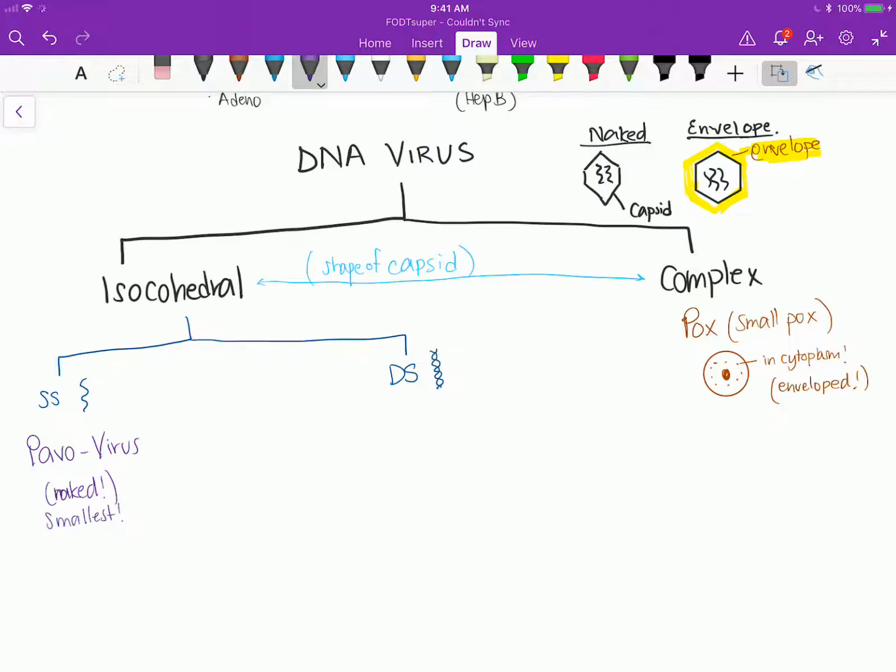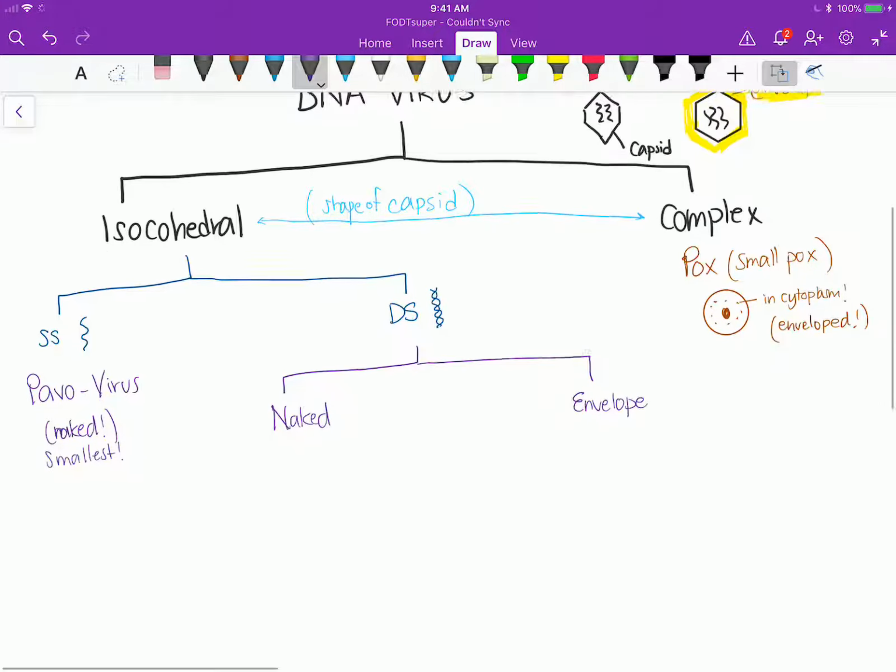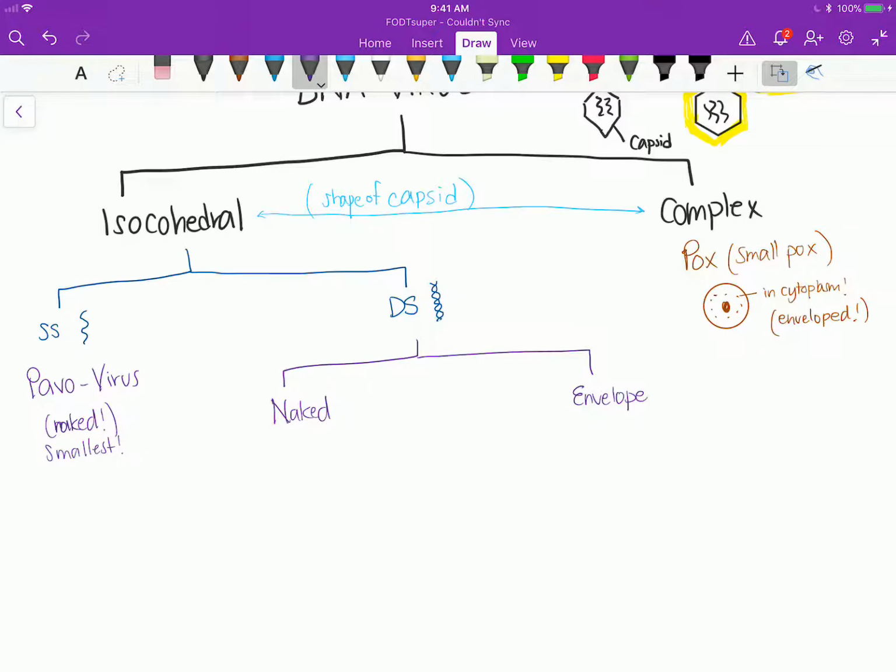So now we're going to further subdivide them into two: naked and the ones with an envelope. Viruses that are naked, there's only a few of them, luckily.